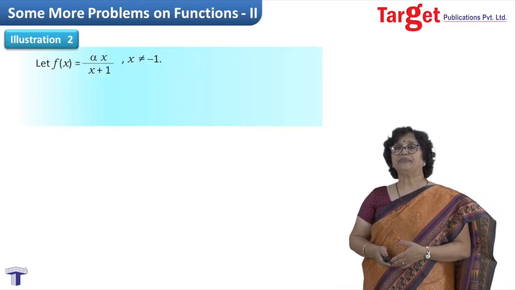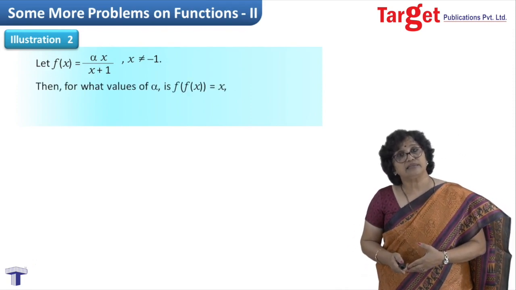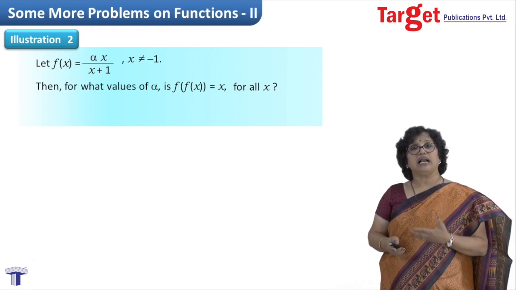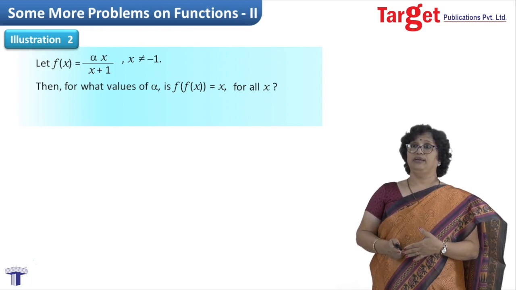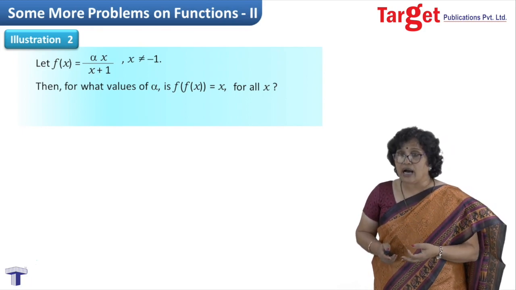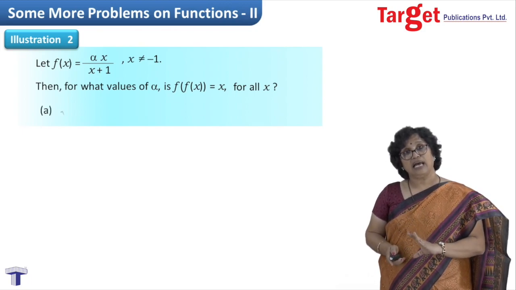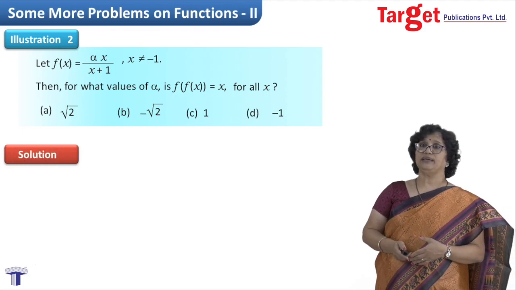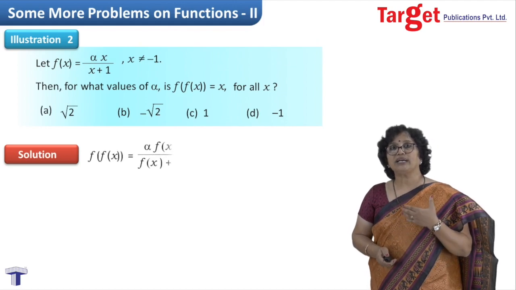Move to the next. Now, f(x) is given to be αx/(x+1), x ≠ -1. And the question is regarding f(f(x)), meaning the question is regarding a composite function. We are given f(f(x)) = x for all x, and we have to find the values of alpha. And again, 4 choices are given to me. Now, when you see f(f(x)), what does that tell you?